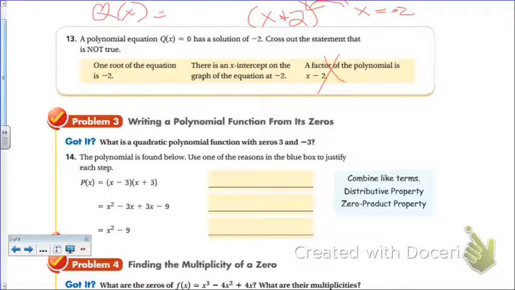So the first thing is we have x minus 3 times x plus 3. Well, that's an example of the zero product property because they are each equal to 0. If x equals 3 and negative 3, then those are our zeros. So that's the zero product property.